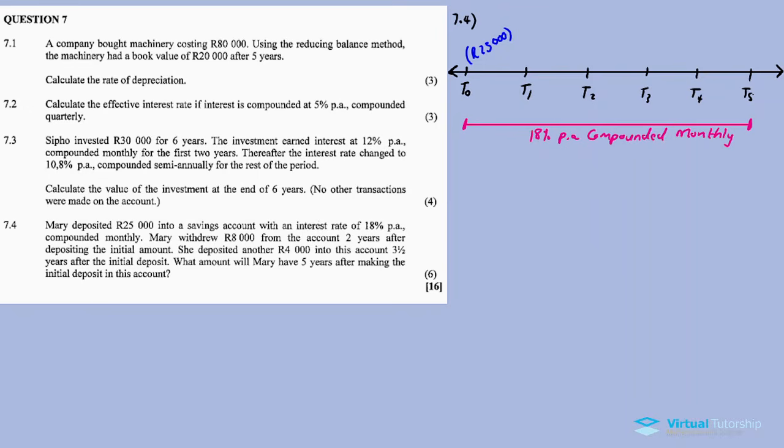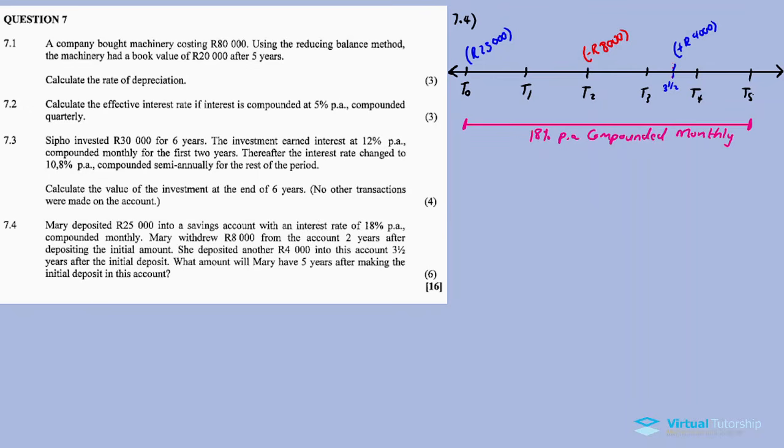Then Mary withdrew 8,000 rand from the account 2 years after depositing the initial amount. Then she deposited another 4,000 rand into this account 3.5 years after the initial deposit. So T1, T2, T3 and a half, she deposits her 4,000 rand again.